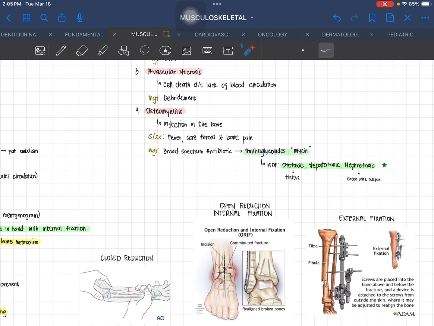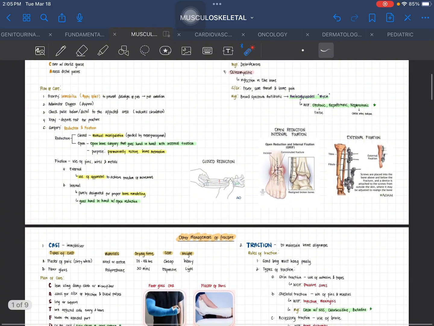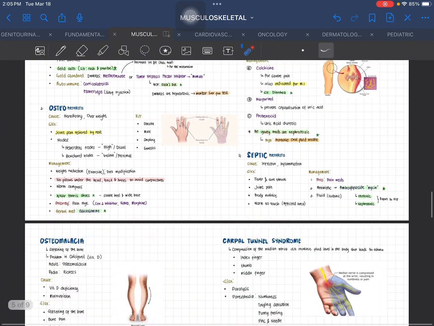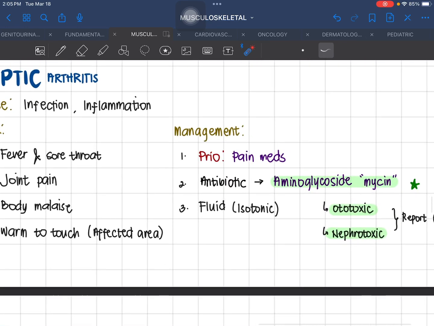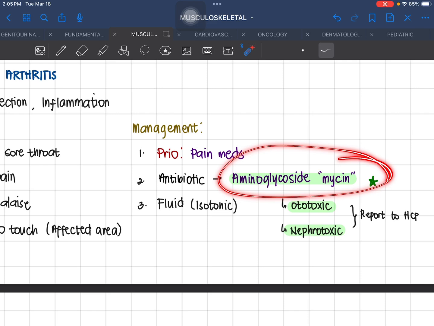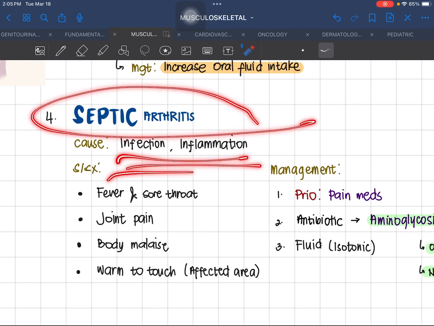So, may tinnitus, nephrotoxic. So, dapat i-check mo yung urine output. And lastly, hepatotoxic. So, check mo yung liver function test. So, same lang siya. Osteomyelitis and then yung septic arthritis. Ayan, kung makikita nyo. Magagamit din ang aminoglycosides kasi this is infection.